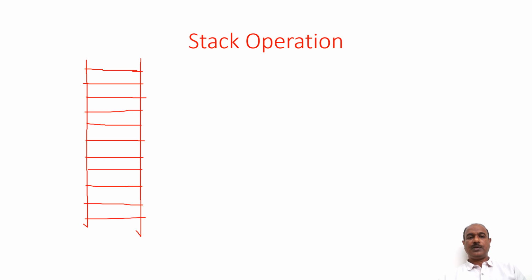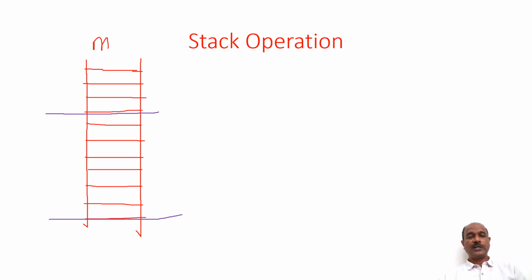Now, while writing the program, assume that I want to use this part from here to this part as my stack. I want to use this location of the memory as the stack memory.